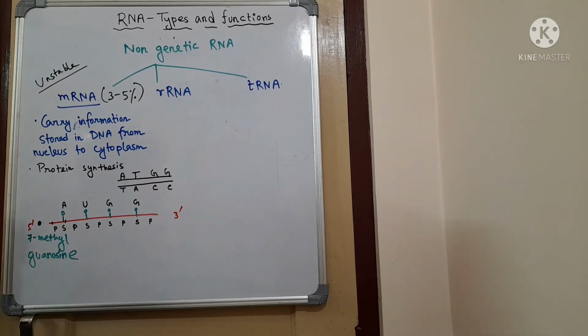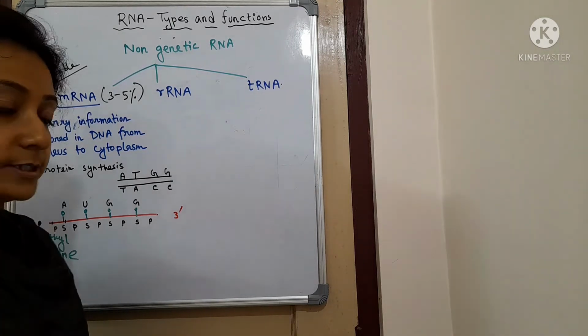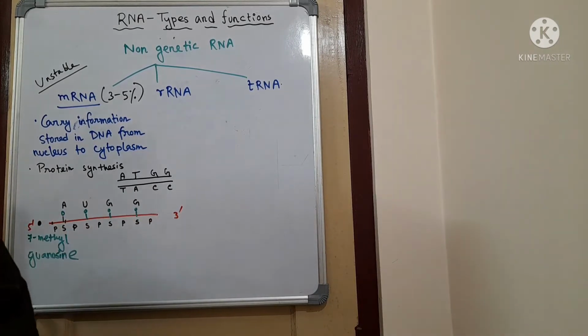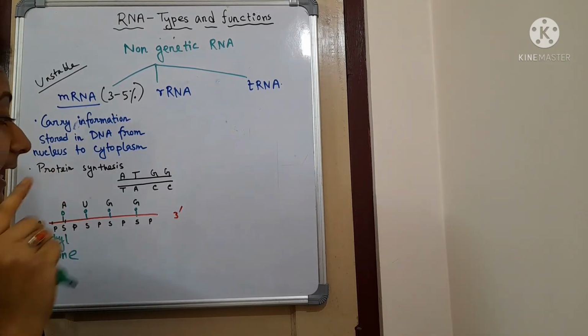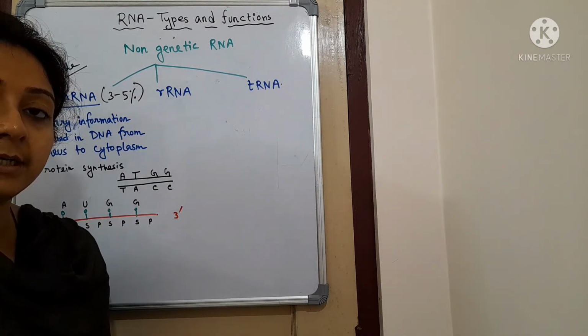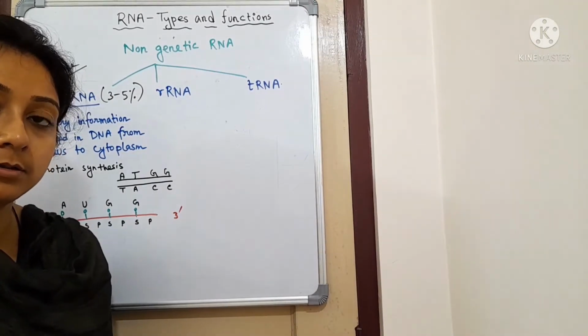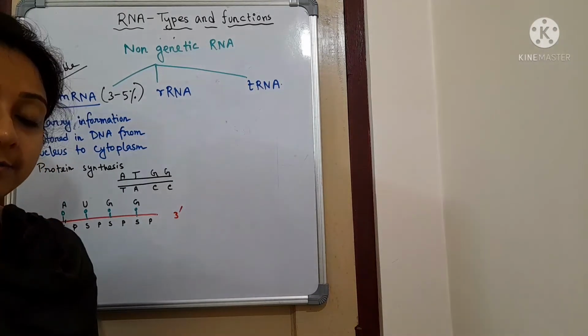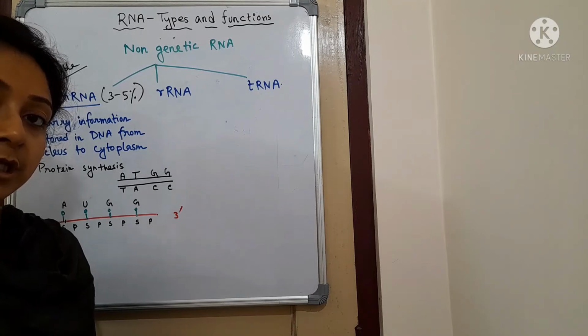That is 7-methyl: methylation of the guanine residue will happen. That will make this component unrecognizable. This will ensure that there is no chance of the mRNA being recognized by the RNase or ribonuclease enzyme, and in that way the mRNA gets protection.